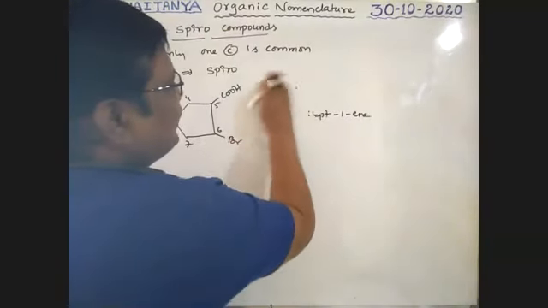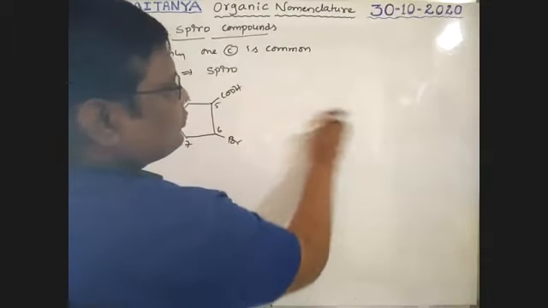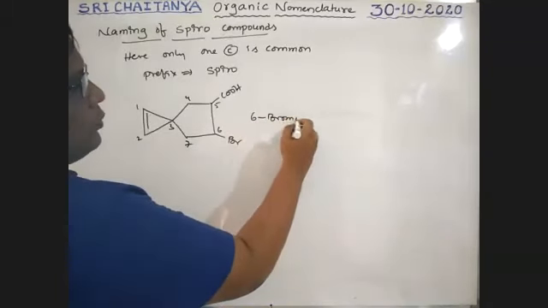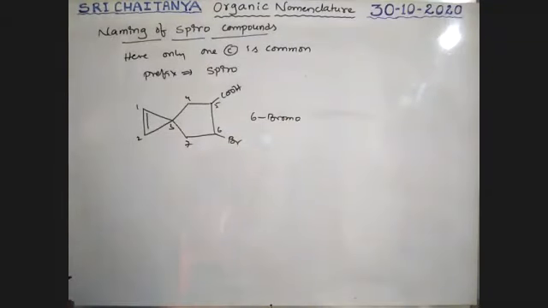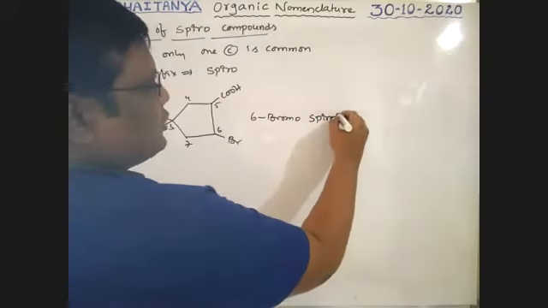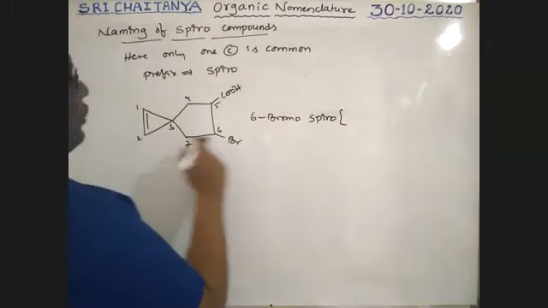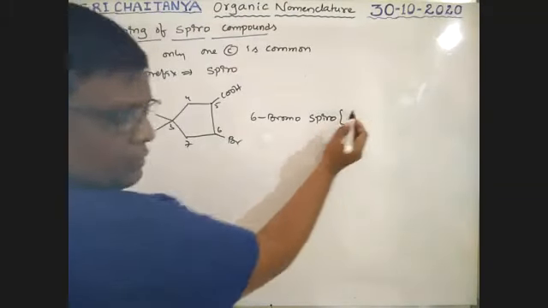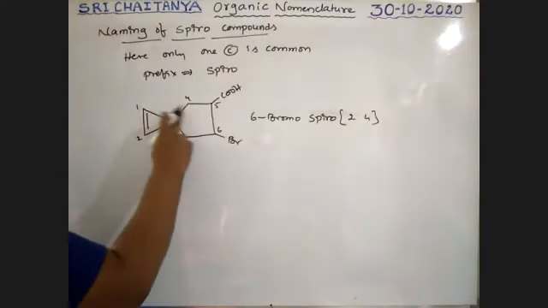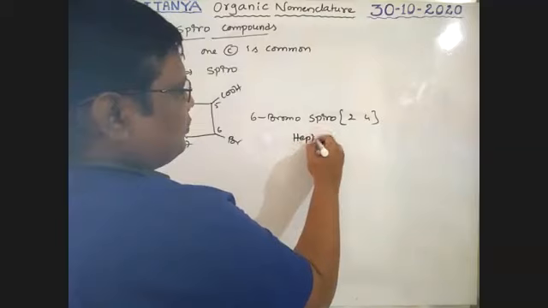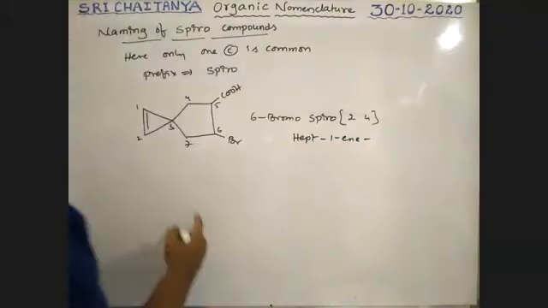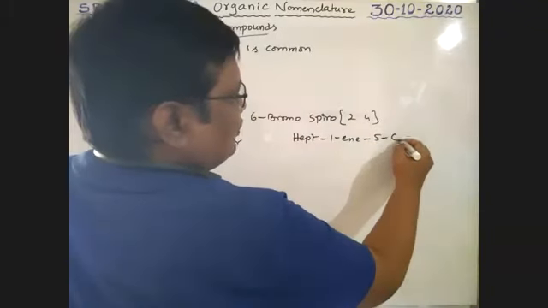It is 6-bromospiro[2.4]hept-1-ene-5-carboxylic acid.